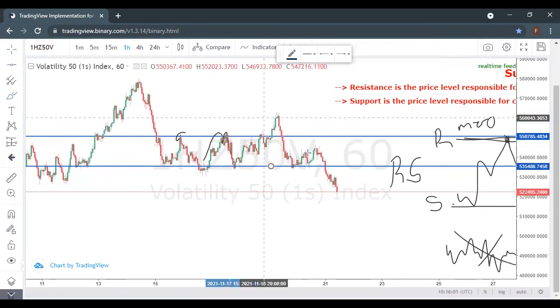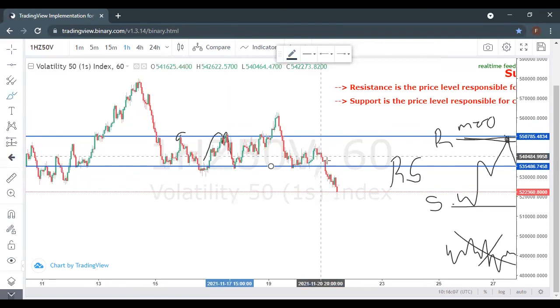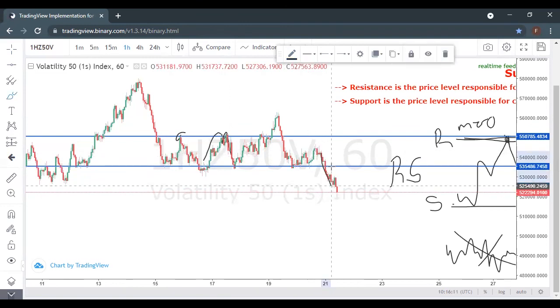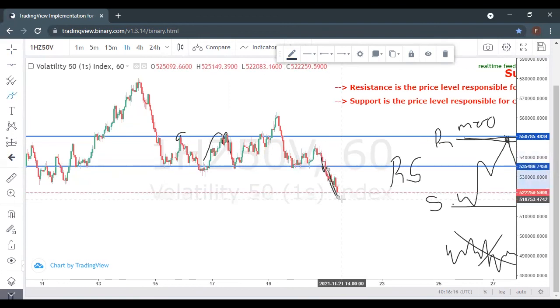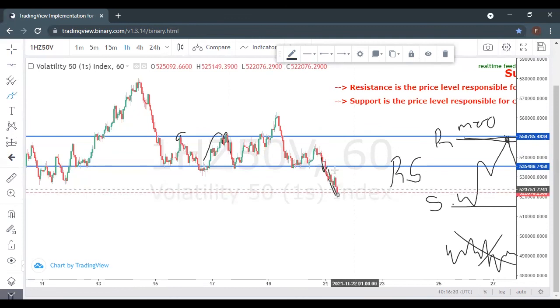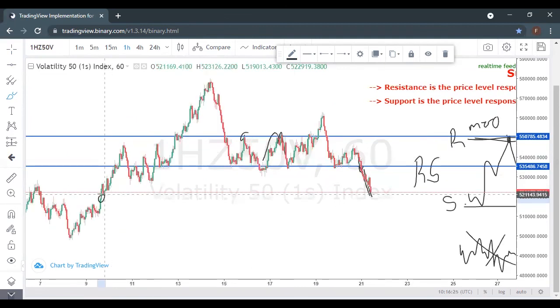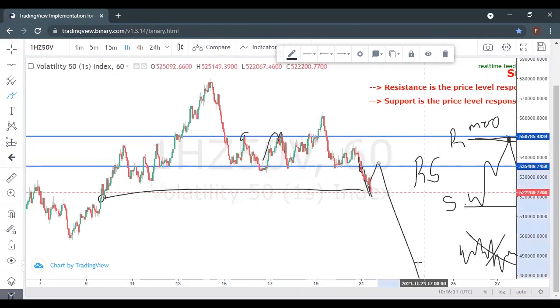Then we have the same concept that I was trying to explain to you. We have the market breaking this. So if you move to a lower time frame, there will be a retest here. Or you can actually wait for the time. This is how a lot of people are going to lose money. They will think that the market is already going down, but then it comes to a level where it's going to be rejected, then it makes a strong movement, then it comes back all the way down.